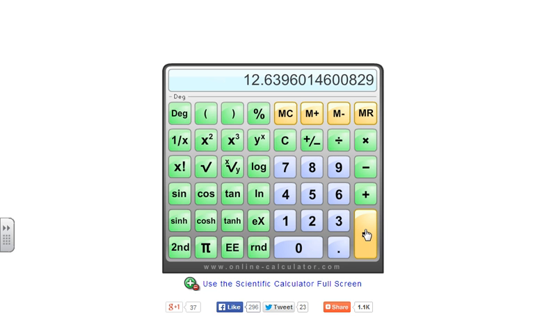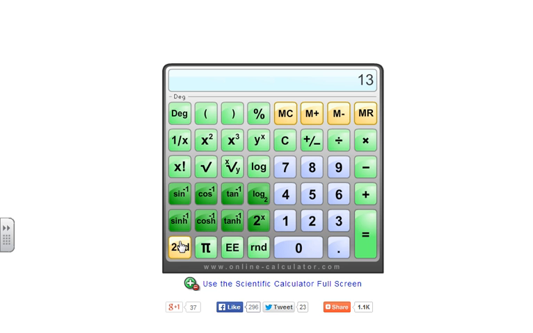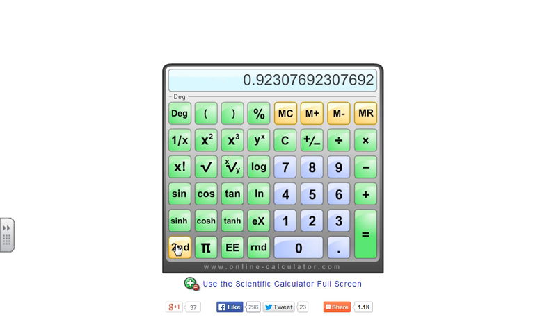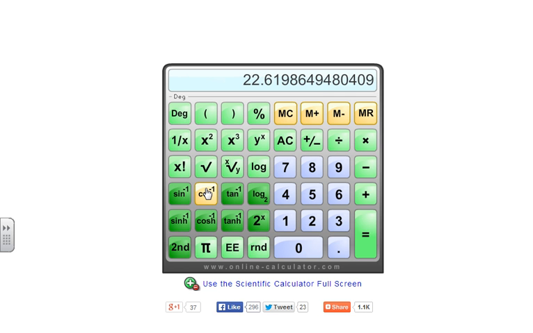You have to know how to use the calculator. Clear. Parenthesis 12 divided by 13, second cosine. 12 divided by 13, second cosine. It is a 22.6 degree angle.